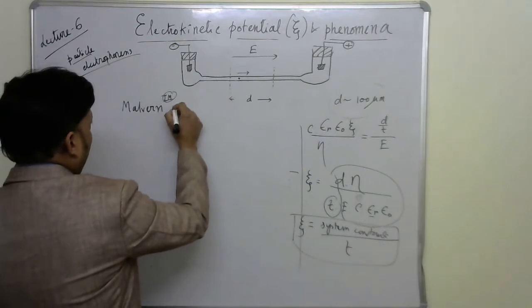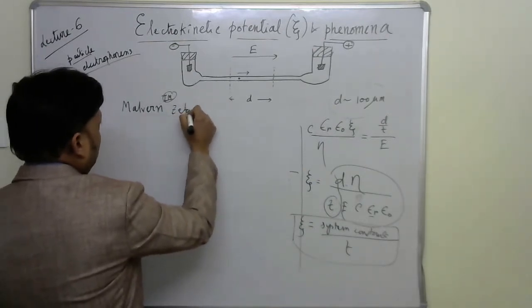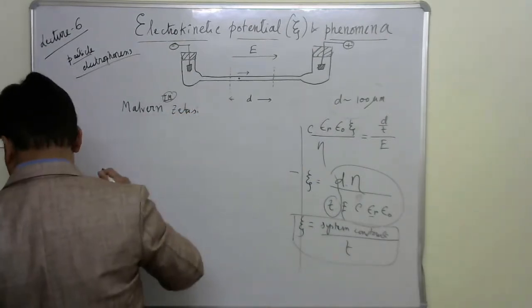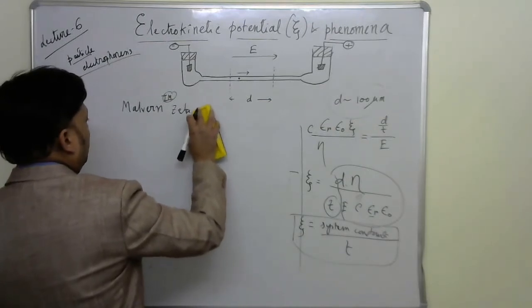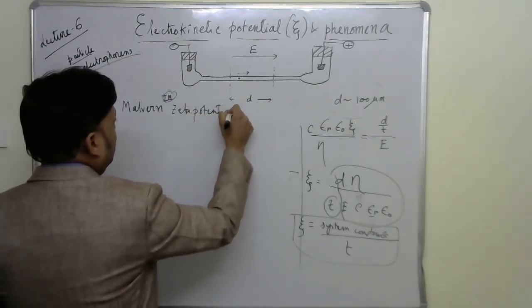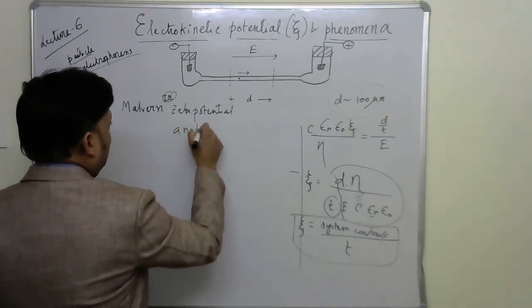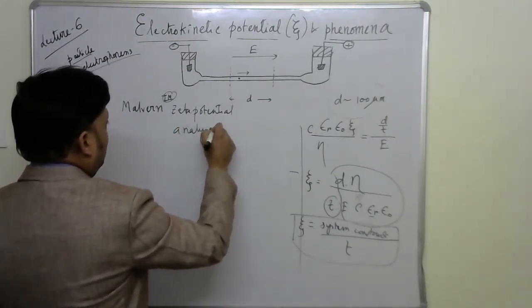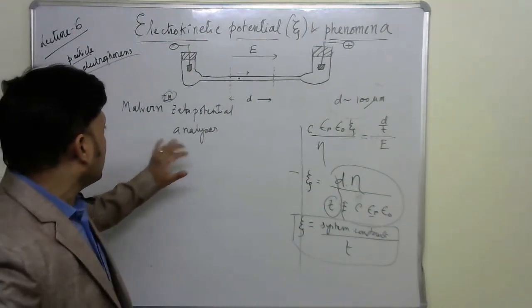So it's called the Malvern Zeta, or we can say Malvern Zeta Potential Analyzer. So it's also called the Zeta.